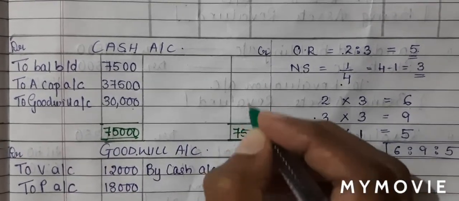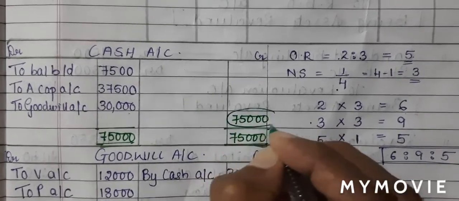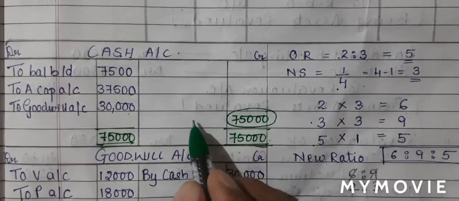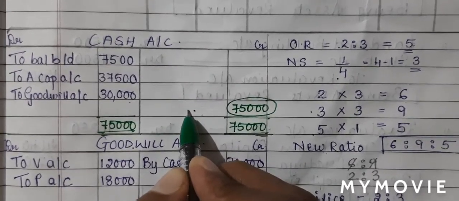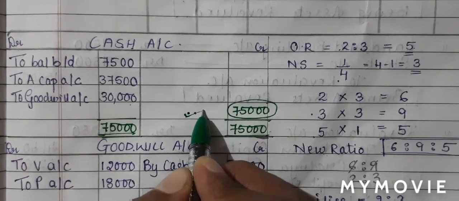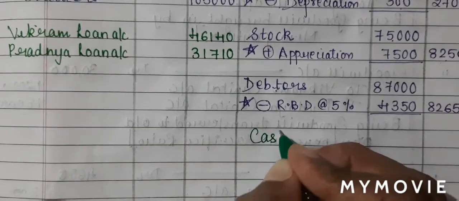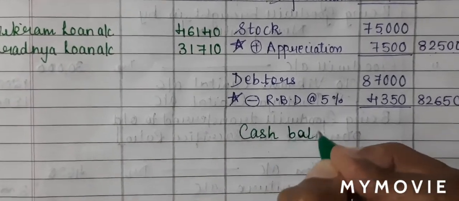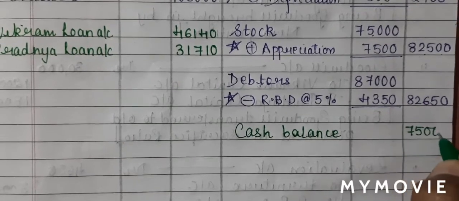So I'll write total on both the side, nothing to be minused. So I get 75,000 as my balance. It is on the credit side. So credit total will be written on the debit side. So this balance will be written on the asset side. So on the asset side, I'll write cash balance 75,000.